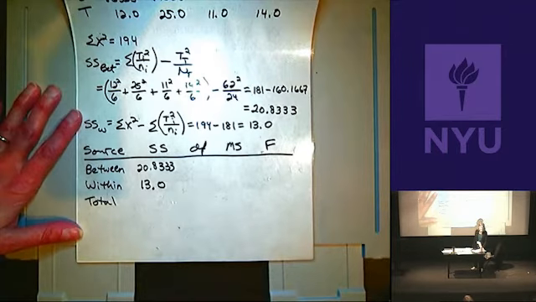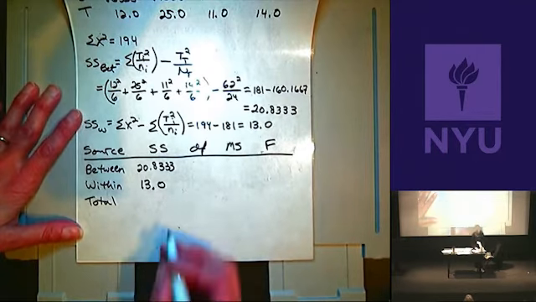How do I get sum of squares total? Yeah, I could add them. I could have done the other formula to check.